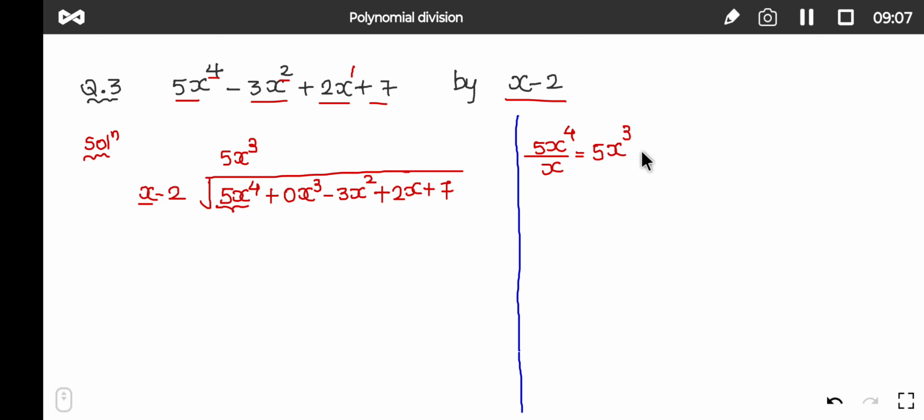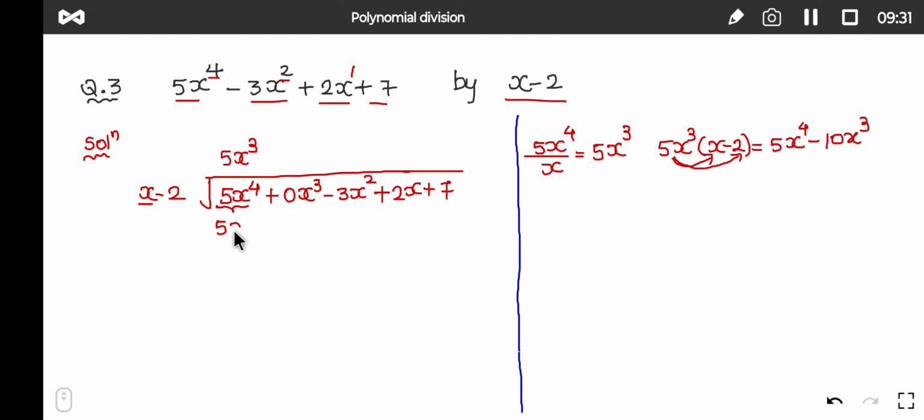Then we have to multiply this 5x cube with divisor, which is x minus 2. So if we multiply with 5x cube into x, you will get 5x raised to 4, that is the first term. Then minus 5x cube into 2, that will be 5 2s are 10 x cube. Okay, so we'll write down here 5x raised to 4, then minus 10x raised to 3.